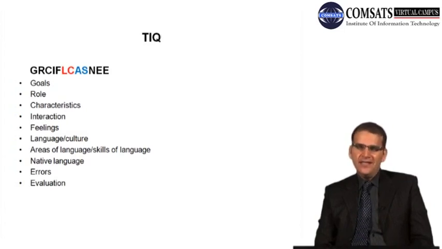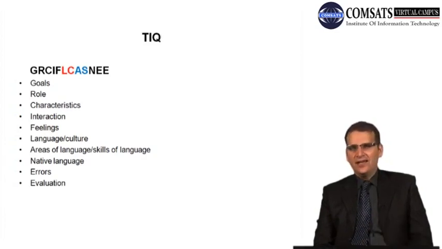F for feelings, how the feelings of the students are dealt with. Fine. And also we saw what? L stands for language, how language is viewed, and C for culture, how culture is viewed. And then we saw which areas of language are focused on, and which skills are given importance, right? A for areas and S for skills of language.